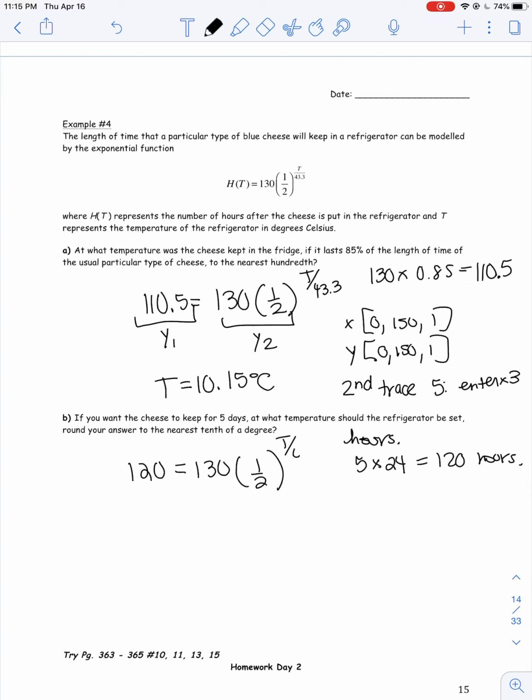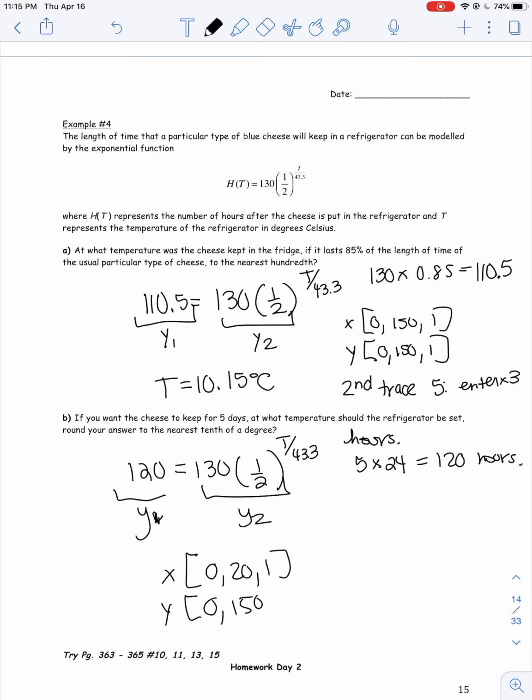1/2 to the power of T over 43.3. So it's the same kind of work as the previous question, except that we just had to figure out how many hours are in 5 days. So again, we're going to go Y1, Y2. We're going to use the window 0 to 20 going up by 1, and Y 0 to 150.